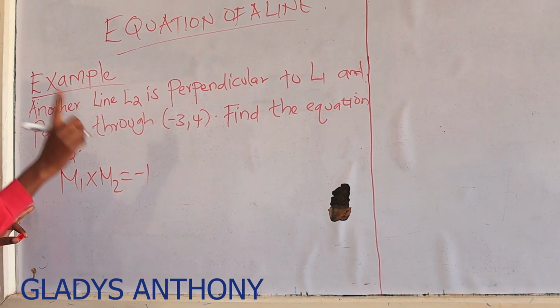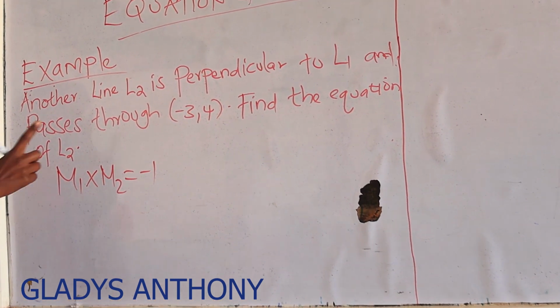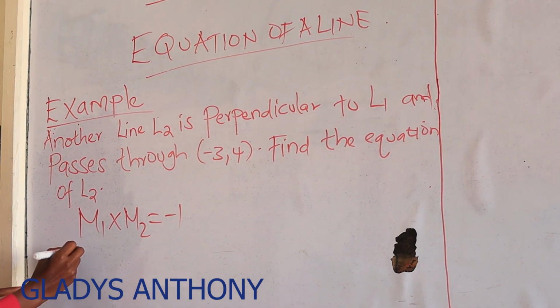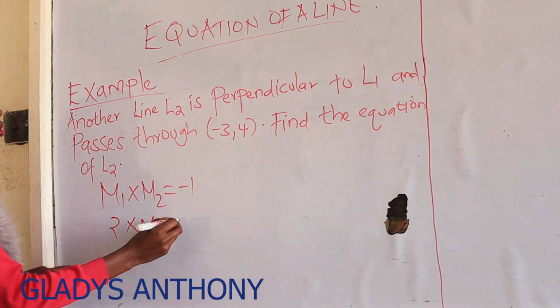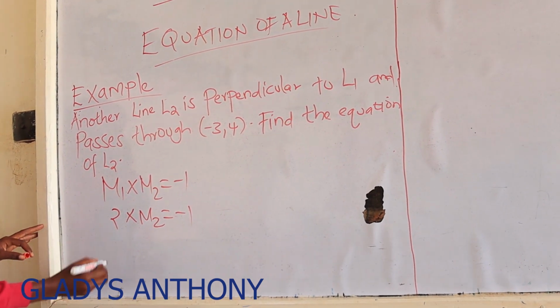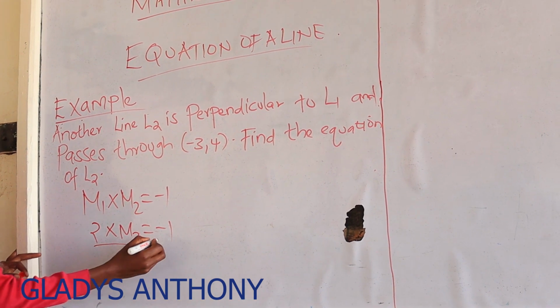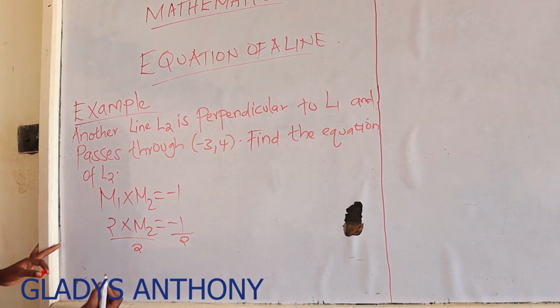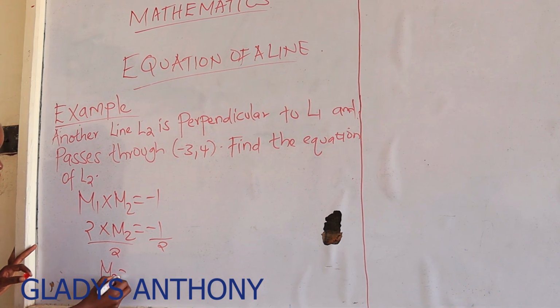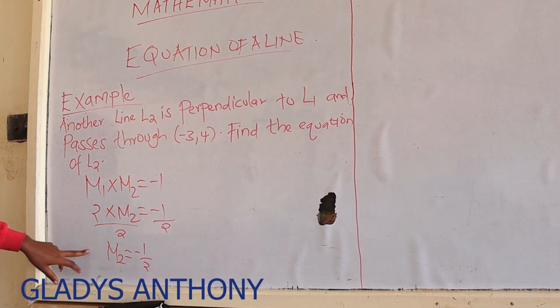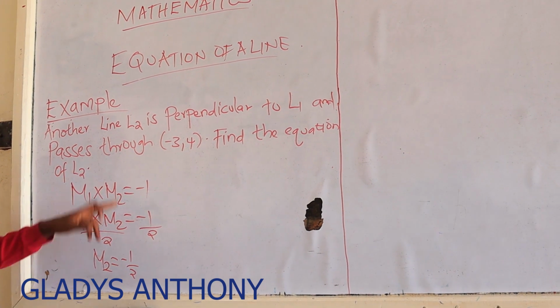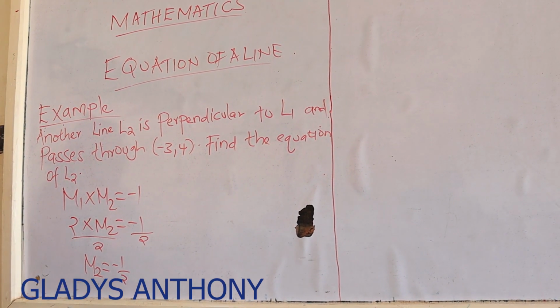The gradient of L1, m1, was 2, and we want m2 such that the product is -1, so we divide by 2. So m2 is -1/2. The gradient of L2 is -1/2.